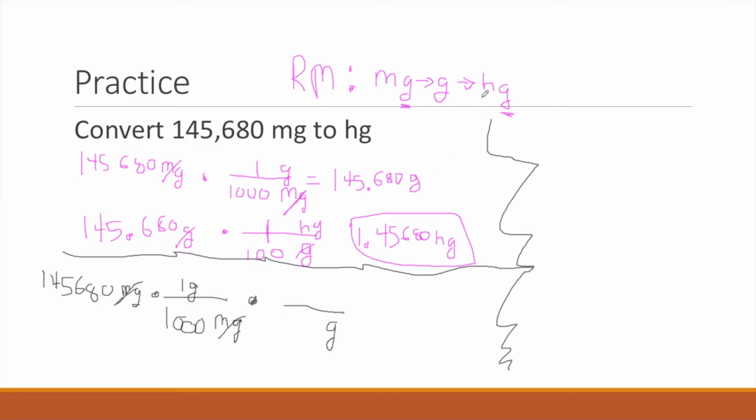And I'm ending in hectograms, so hectograms would be on top. And if I look back at my conversion factor, we know that for every 1 hectogram, I have 100 grams. Now if I look at this, I cross off the grams. That's good to go. I am left with hectograms.